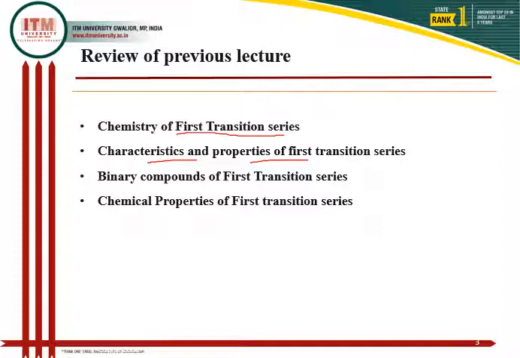The oxides, sulfides, halides, the binary compounds of the first transition series, the complex formation and the magnetic property of the complex, on which it depends, we have discussed in the chemical properties of the first transition series.